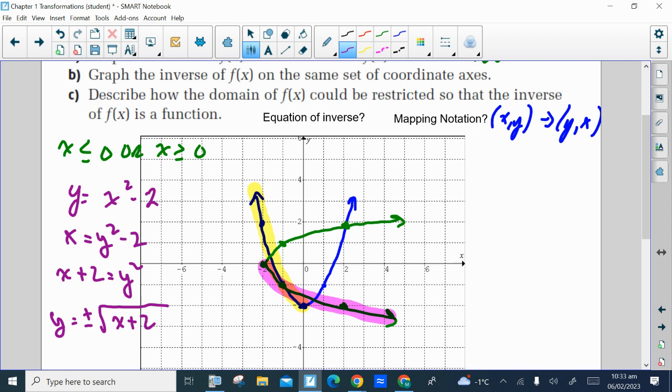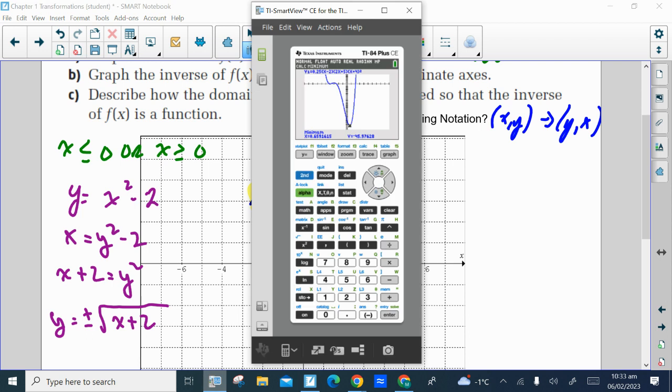Now, just to show you why you need the plus and minus there, if we go to our graphing calculator and we put in our original equation, x squared minus 2, zoom 6 to set my windows to their standard settings, there's the graph.